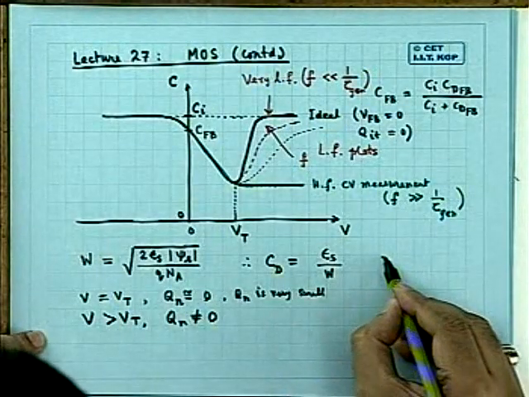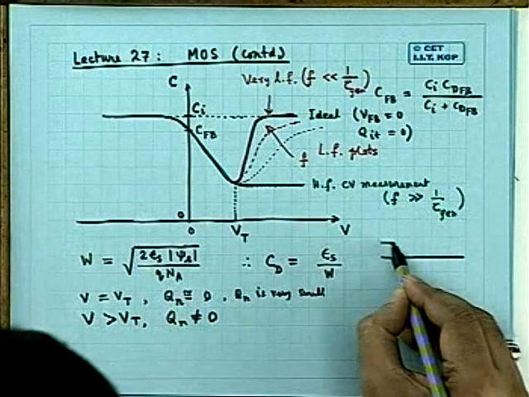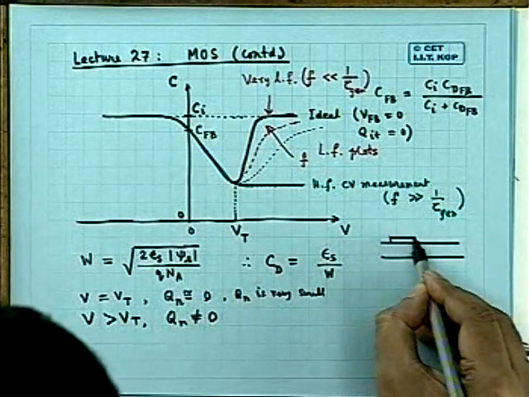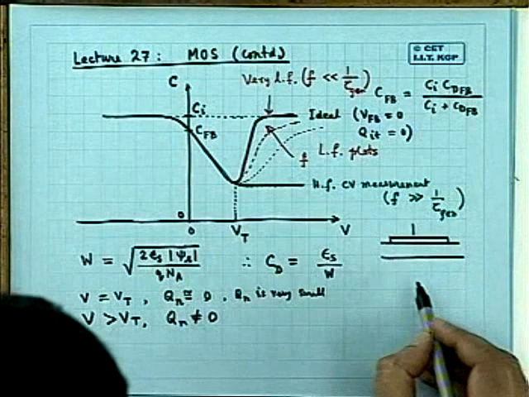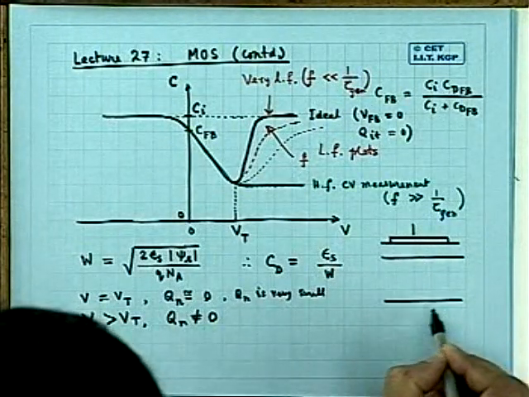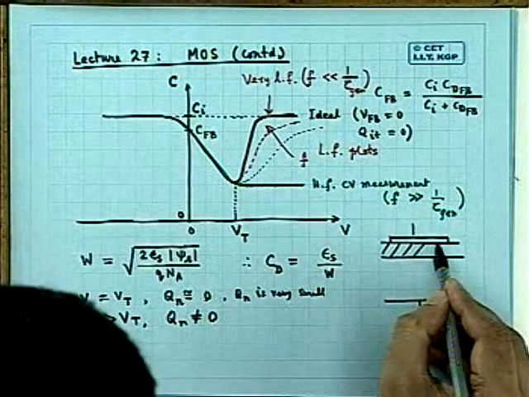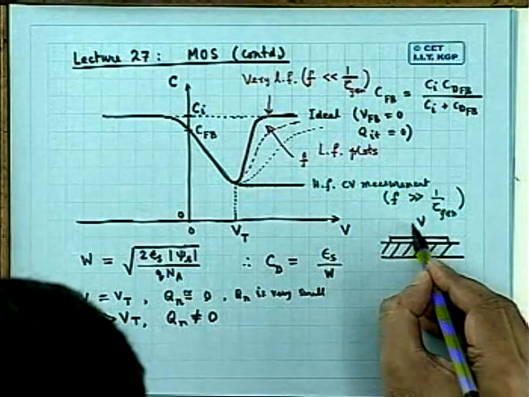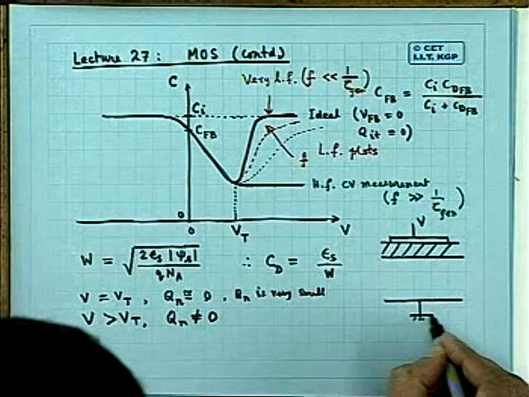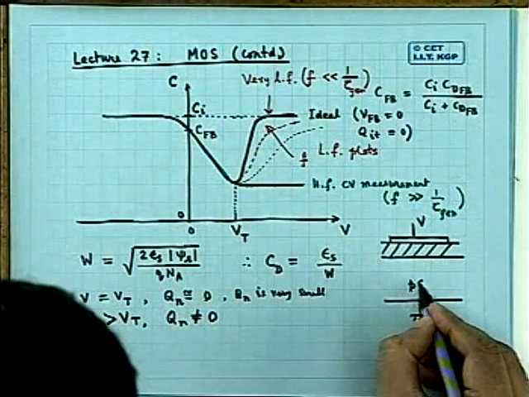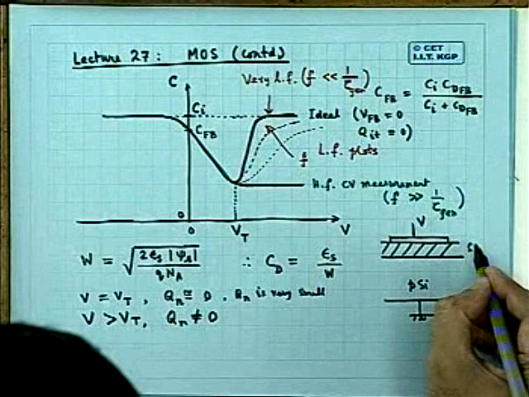What happens now? You see that this is your, once again let me plot this basic structure. This is a MOS capacitor. Here you are applying your V or VG, and this is ground. And this is the substrate, and this is the oxide.